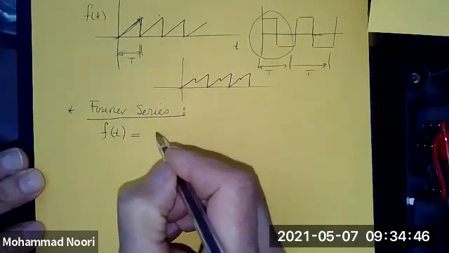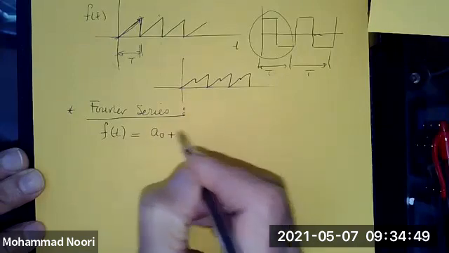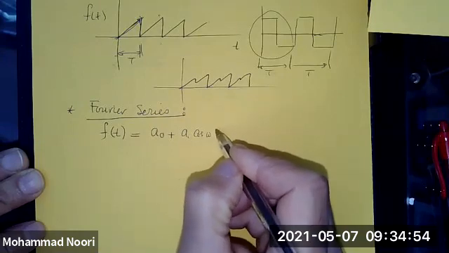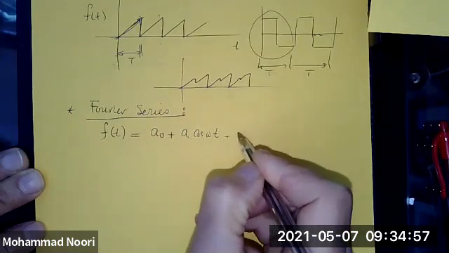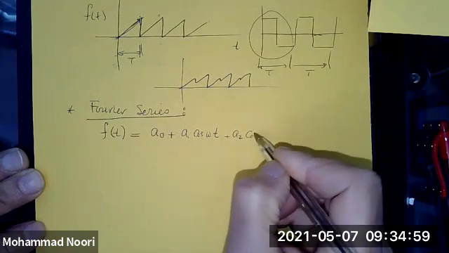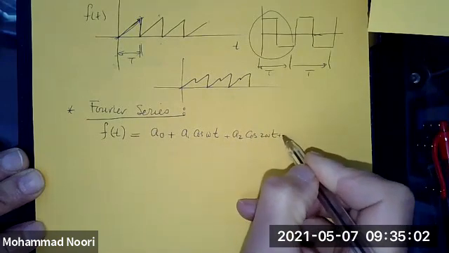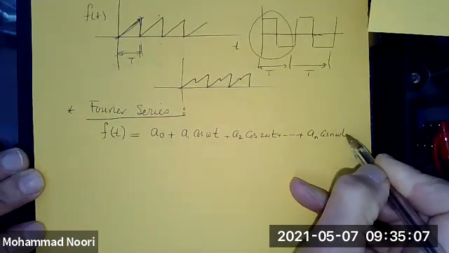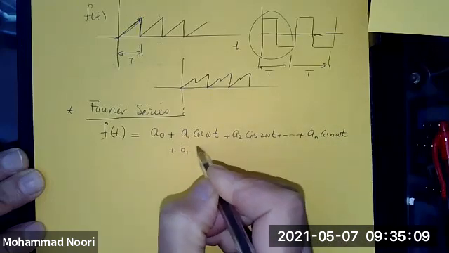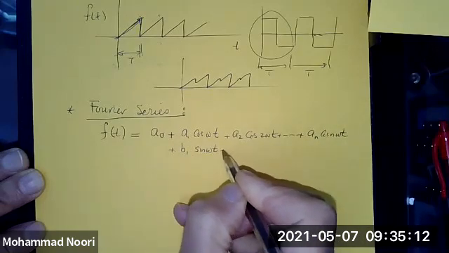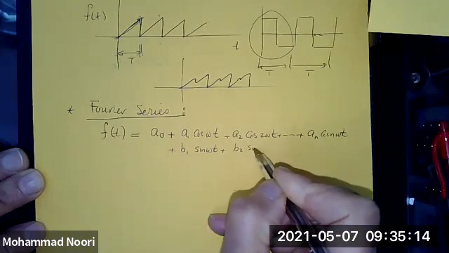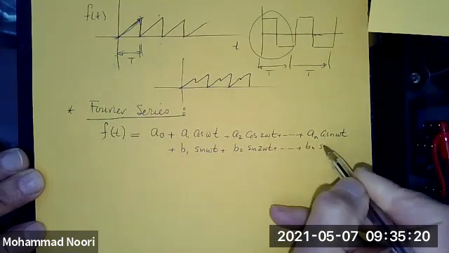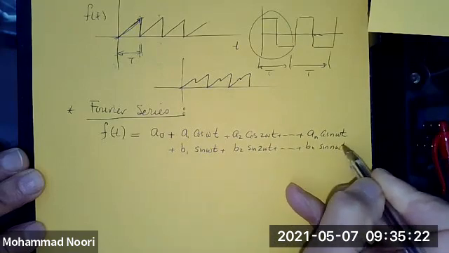You can approximate that in this form: a1 cosine of omega t plus a2 cosine of 2 omega t plus an cosine of n omega t plus b1 sine omega t plus b2 sine 2 omega t plus bn sine n omega t.